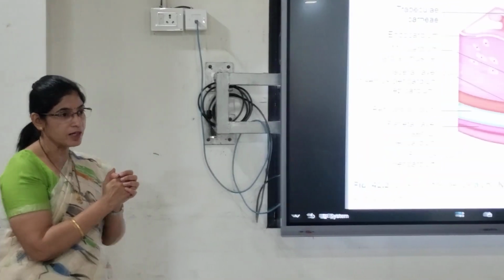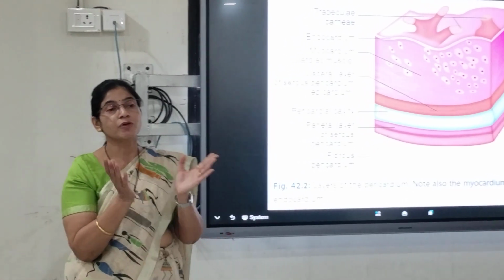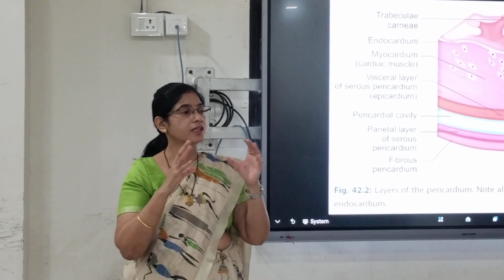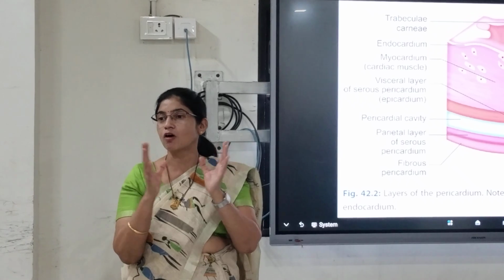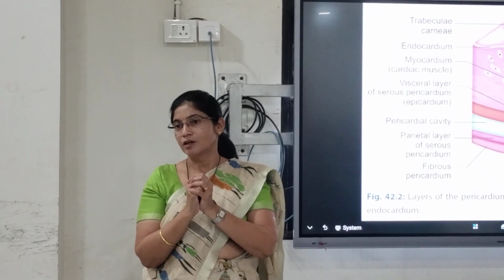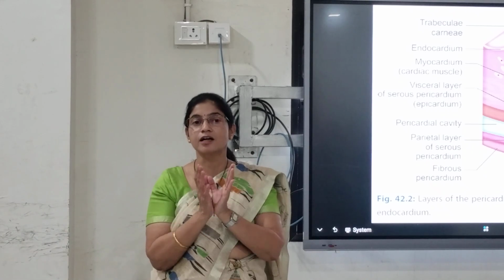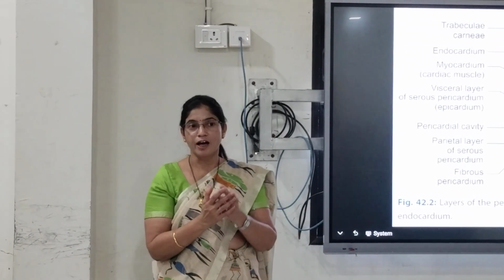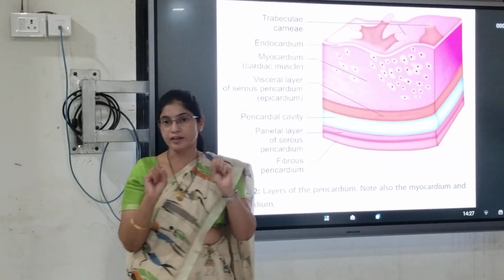And how does this depolarization take place? Because of ions. Influx of sodium causes the depolarization. Efflux of potassium from these muscles causes repolarization. These are the electrical activities taking place inside the heart, and because of that, this muscle mass contracts.